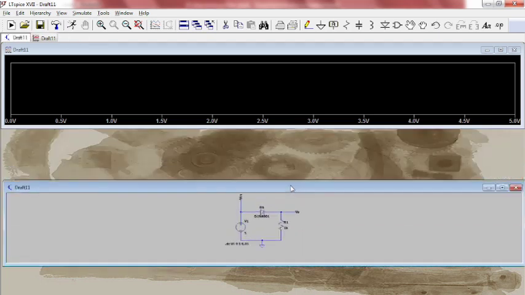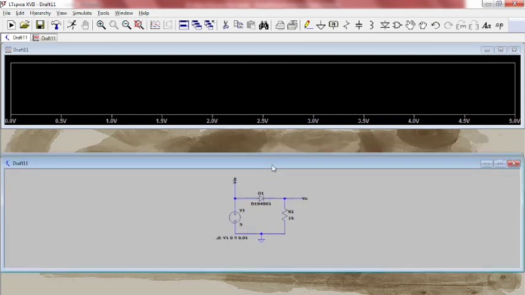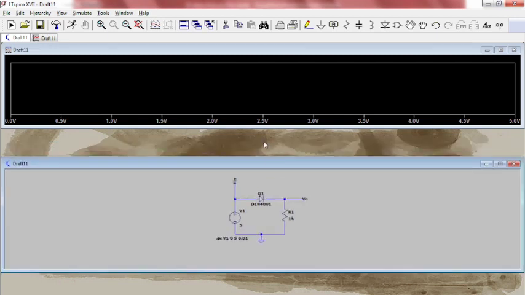This is our circuit part and this is the simulation. Here in this simulation graph, the x-axis starts from 0 to 5. That is, here the x-axis is the source voltage.